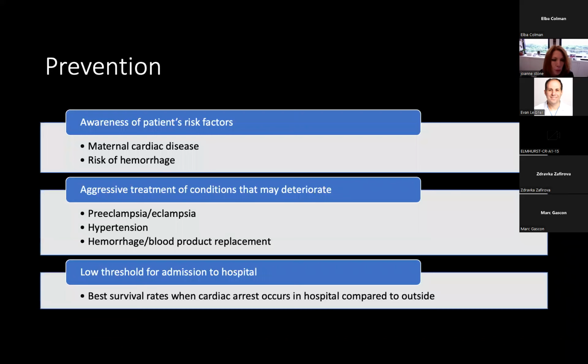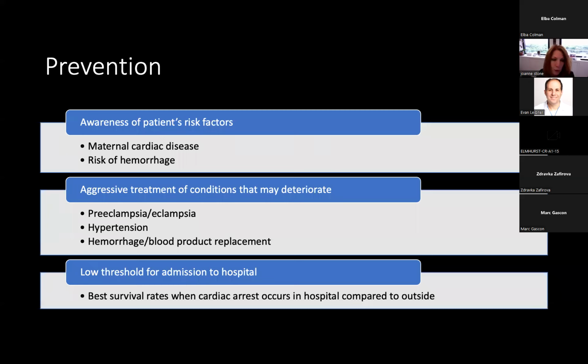So in terms of prevention, obviously a patient with known maternal heart disease needs to be followed by a maternal fetal medicine specialist and cardiology and take a multidisciplinary approach to the management. It's not uncommon that we have interdisciplinary meetings where we involve the critical care team if we're anticipating admission to a CCU that will be needed.